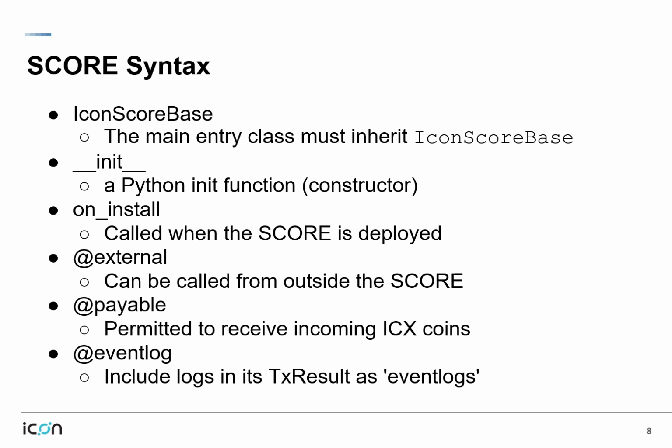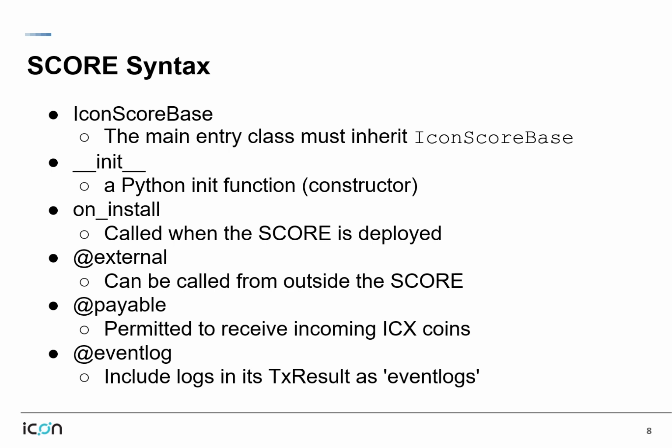You can put all the instance variable initialization in this function. on_install is called when the SCORE is deployed onto the network for the first time and will not be called again afterward. So this is the right place to initialize the state DB variables.